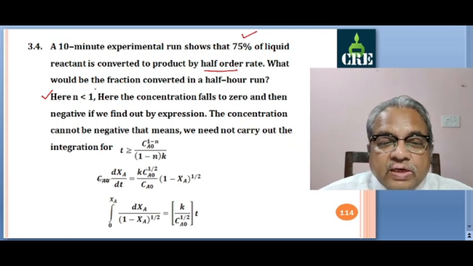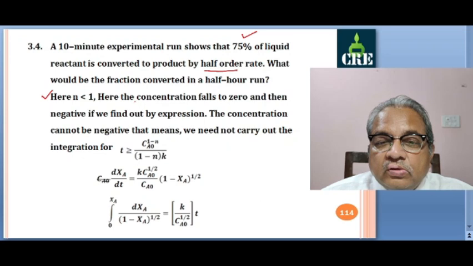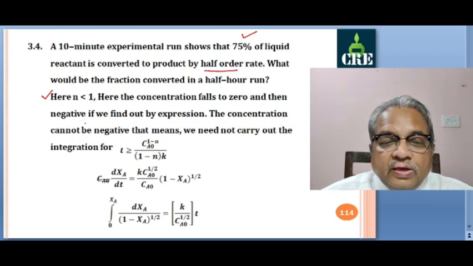Here half order means n less than 1, and you know for n less than 1, you have to find out the limiting value of t, beyond which you will not carry your integration, or even if you carry, the results will be absurd. So here the concentration will fall to 0 and then negative if we find out by the expression. So the concentration cannot be negative, that means we need to carry out the integration for the value less than this.